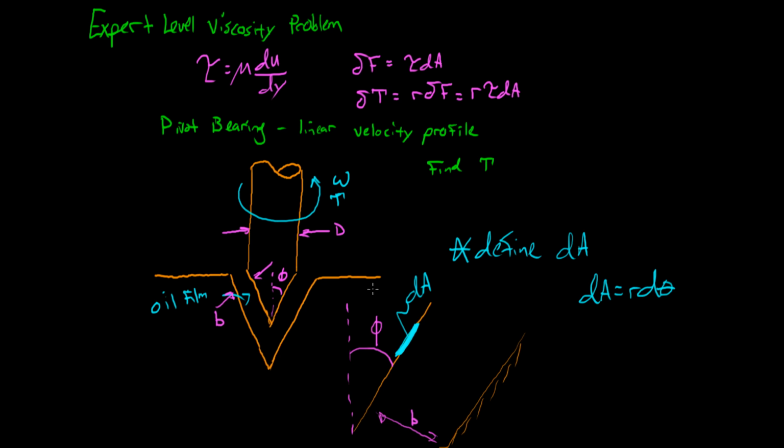That's the arc length going into the page of our differential element. And then we're going to define a new coordinate right here, and this is the trick, called dl. So our differential area is r d theta dl, which gives us this little box, and you could integrate that to get what we want. The question is, what is dl?